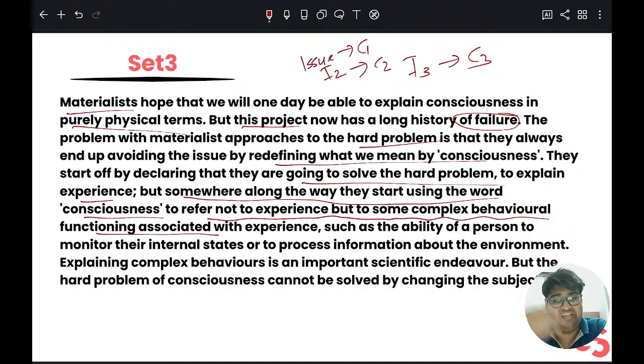Explaining complex behaviors is an important scientific endeavor, but the hard problem of consciousness cannot be solved by changing the subject. Sometimes they call it experience, sometimes consciousness, sometimes a behavioral function associated with experience, and they say it's evidence based. But they are redefining it all the time. They don't have a clear idea.